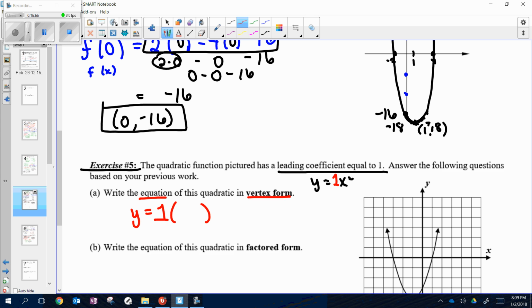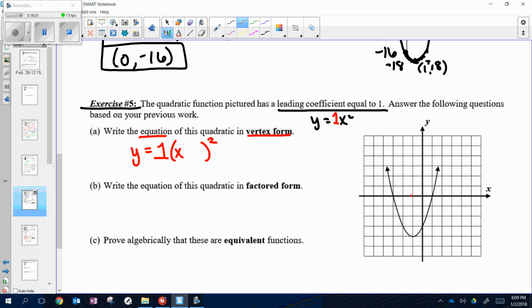There's a 1 here, remember. X has something in with it squared. So let's take a look at the vertex. Negative 1, 1, 2, 3, negative 4. If the vertex is at negative 1, negative 4, this is a plus 1, this is a minus 4. It went 1 to the left, so that's plus 1, down 4. There's my function in vertex form.